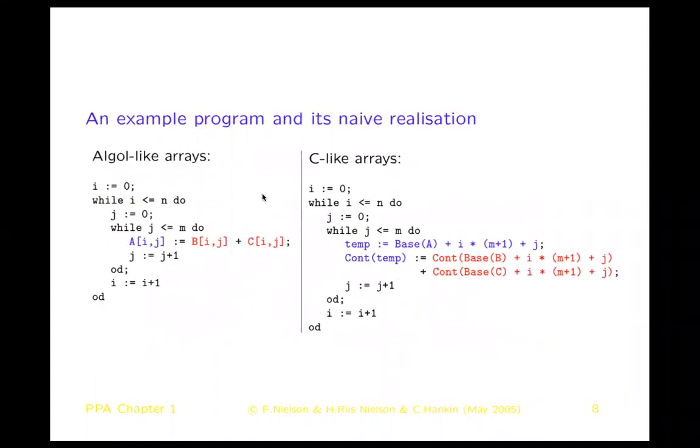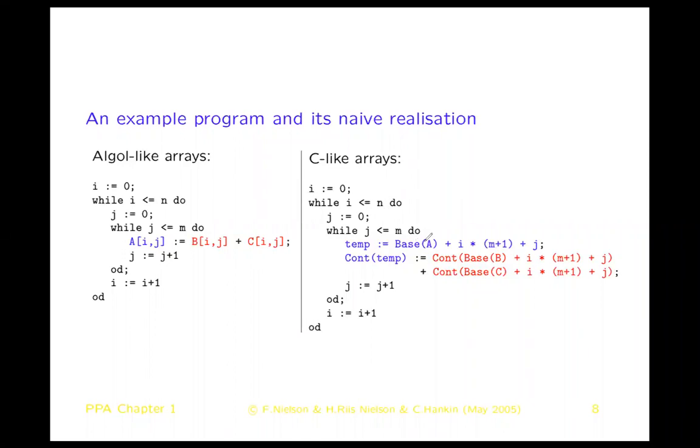So let's take this simple program. This is a program to add two matrices. You add matrix B and matrix C and store it in matrix A. And you can see how this code gets mapped internally when it gets lowered down.